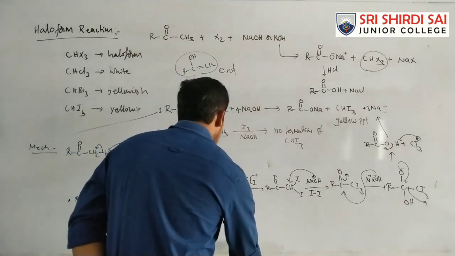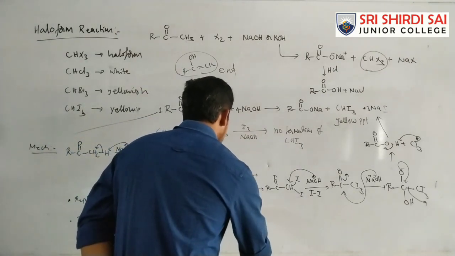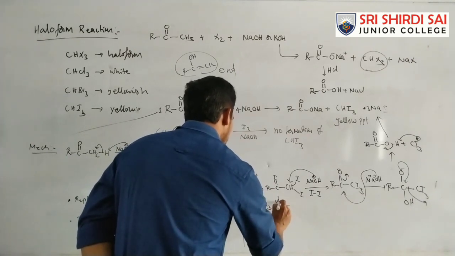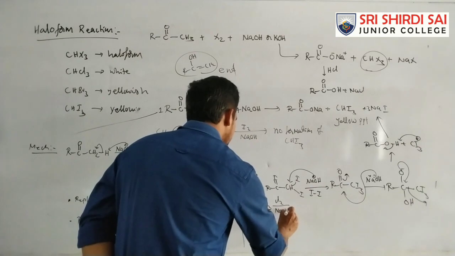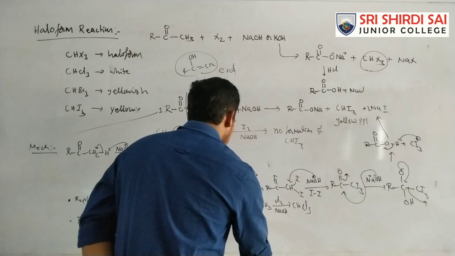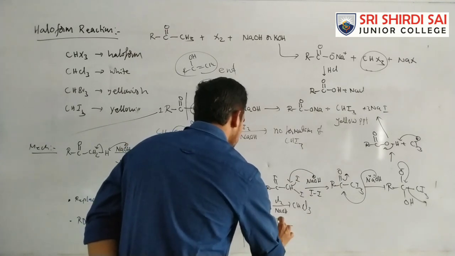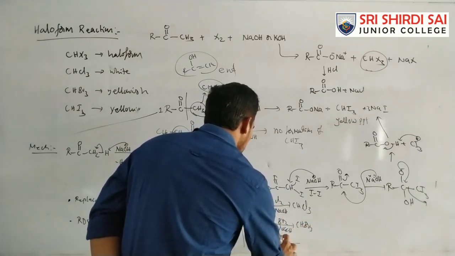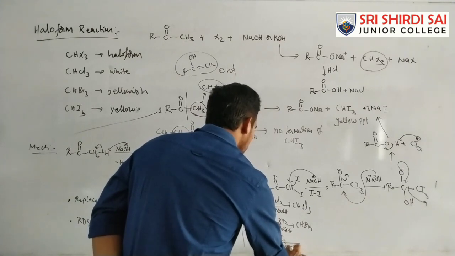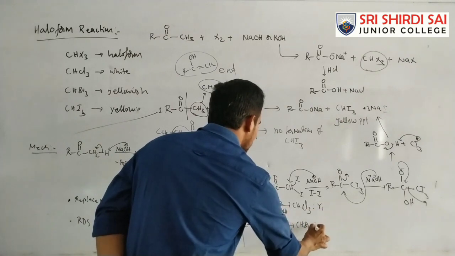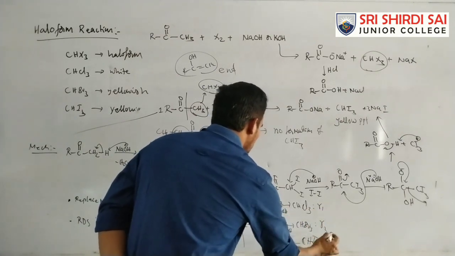Now, based on this rate determining step, suppose I write RC double bond O CH3 with Cl2 and NaOH, which forms CHCl3, and RC double bond O CH3 with Br2 and NaOH, which forms CHBr3, and then I2 and NaOH, which forms CHI3. Rate of reaction R1, R2, R3.